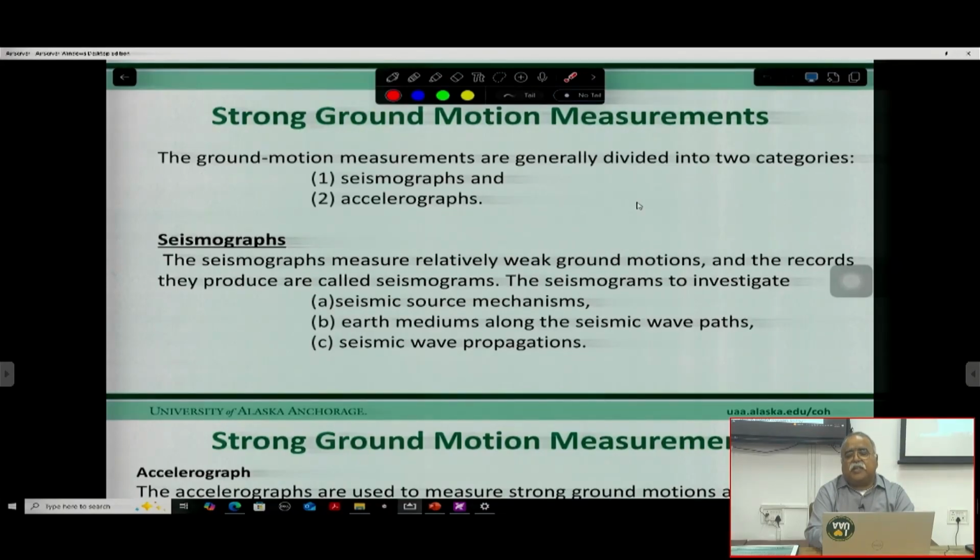By seeing their polarity, we can calculate what type of fault plane or what type of faulting has taken place, and also for seismic wave propagation. So these are what the weak motion sensors are basically used for.